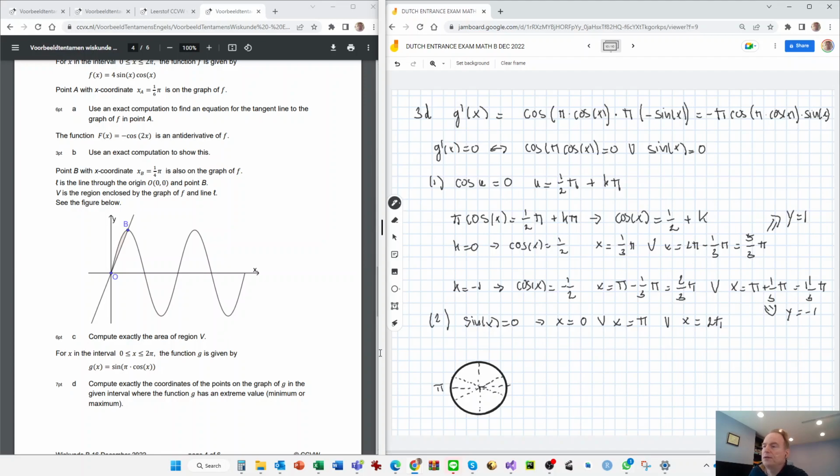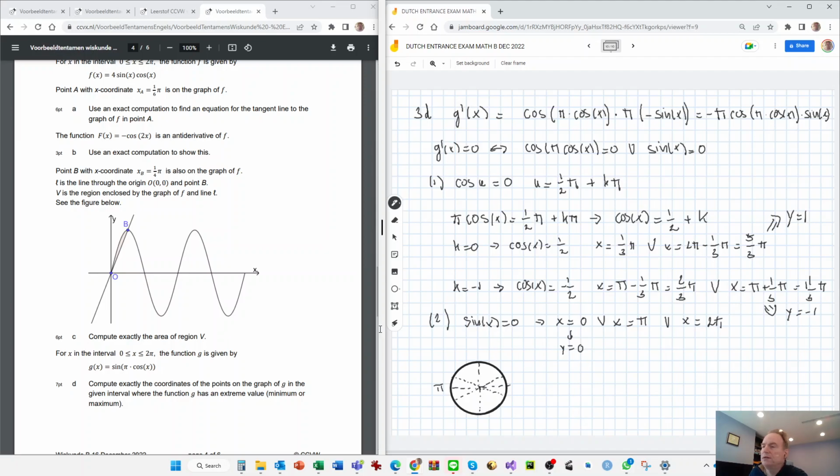So you get the sine of pi, which is 0. So here y is 0. And here where x is pi, you get a cosine of pi, which is minus 1.